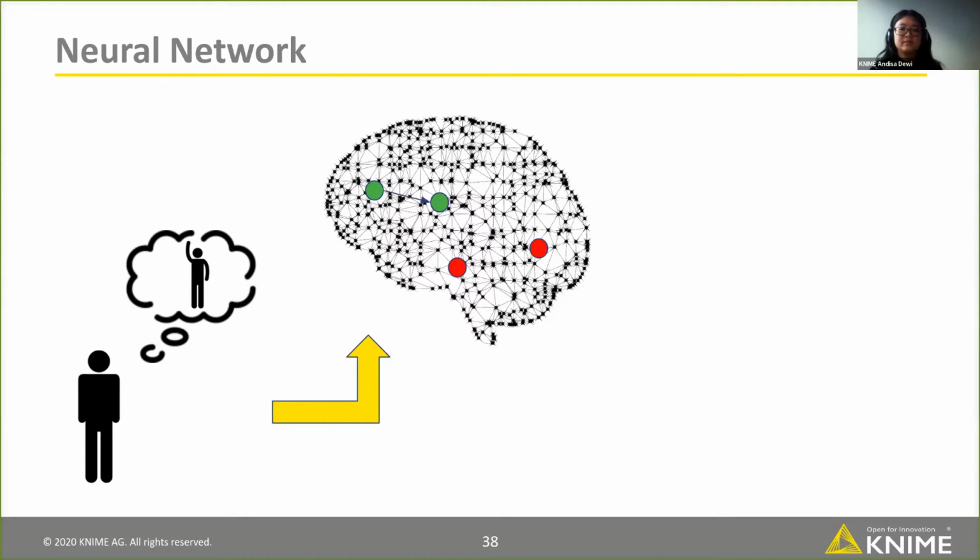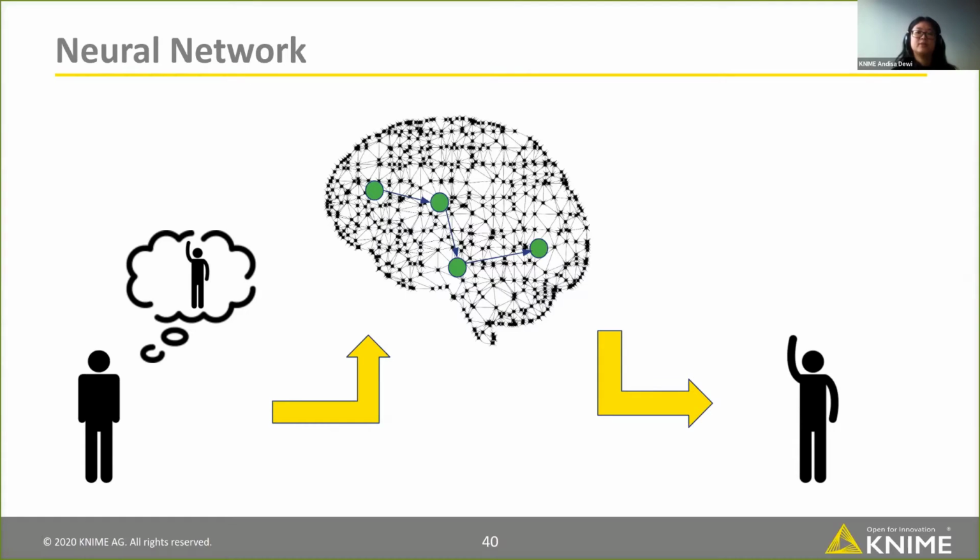What it does is take this thought as an input, and then it forwards and processes this information to other neurons along the way until it reaches the final neuron that will make you raise your hand. We call this the output neuron.